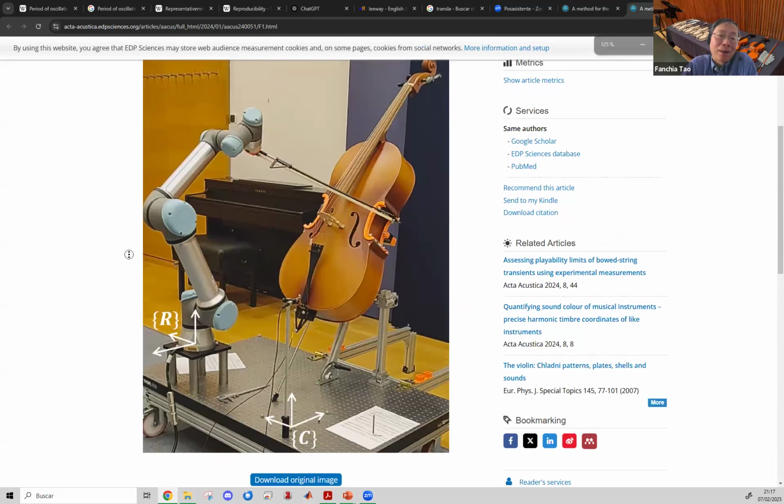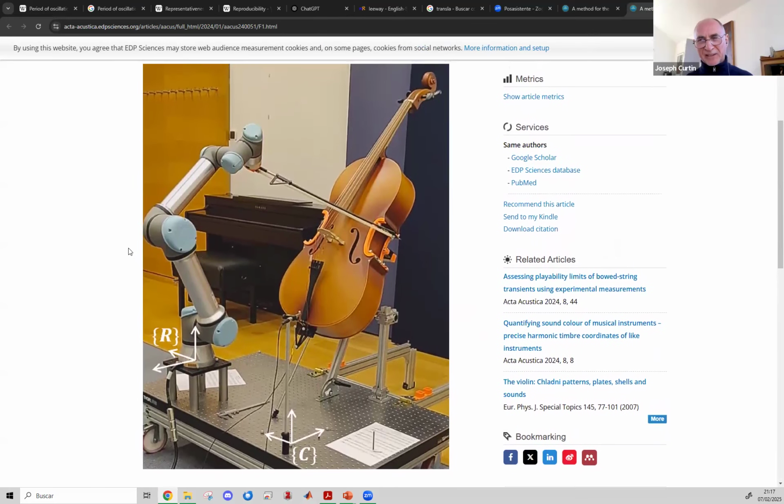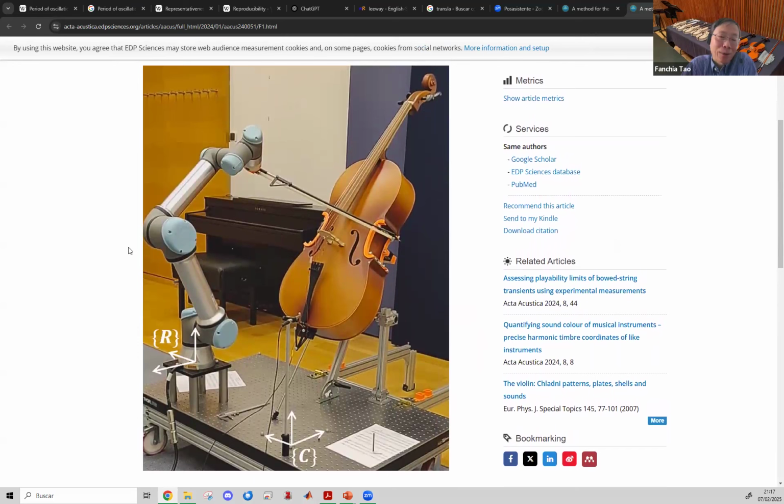Right. I'm familiar a little bit with this stuff. Without getting into the specifics, as Claudia and Victor have alluded to, certain things are doable with it, but it's a much more difficult problem than it seems on the surface to actually build a bowing machine that can actually mimic humans.